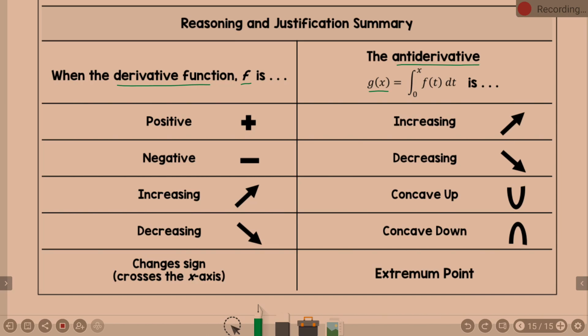Negative obviously is decreasing. When your derivative function is increasing, then we're talking concave up. Decreasing obviously concave down. When the derivative function f changes sign, crossing the x-axis, then we are talking about an extrema. Or another fancy word for extrema, extremum point.